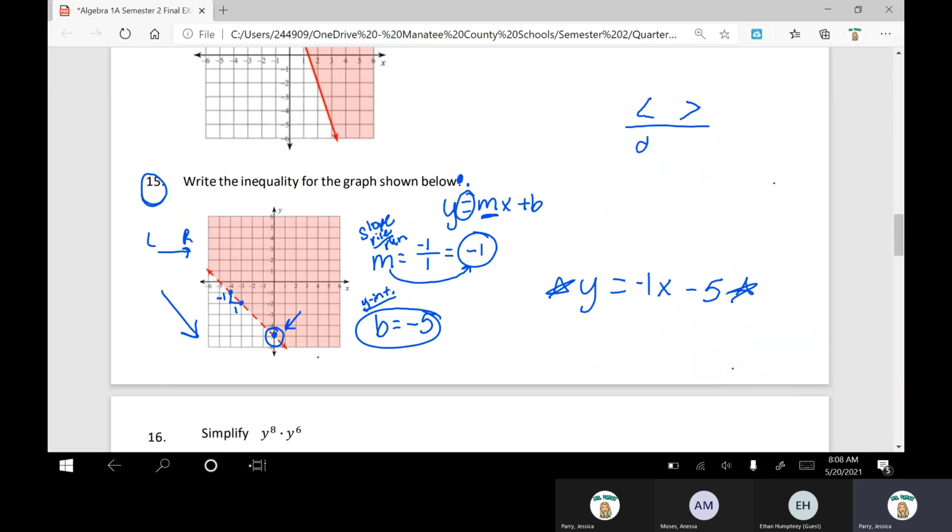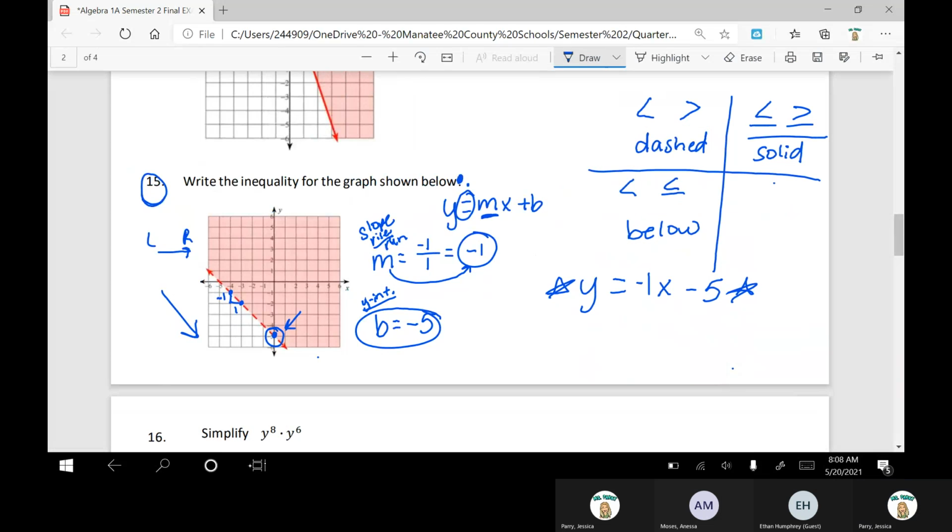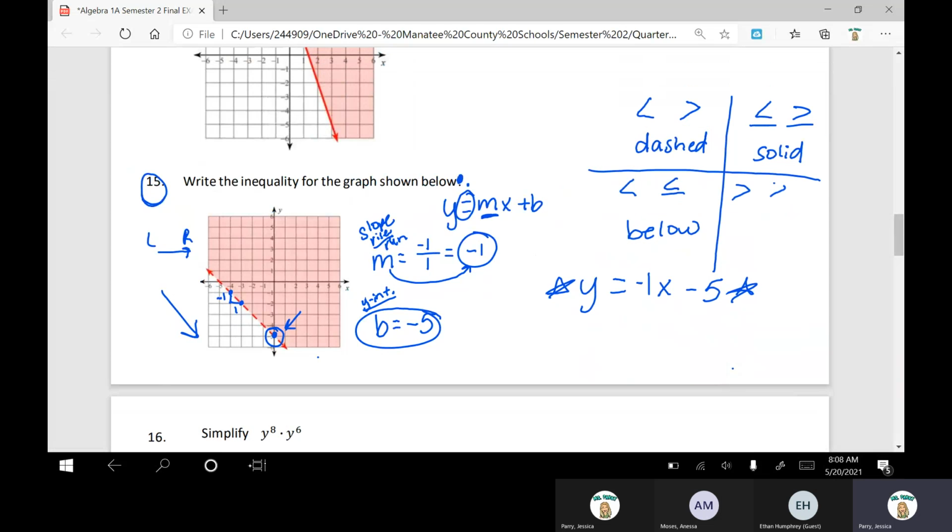These signs are dashed. And the less than or equal to, greater than or equal to, these are solid lines. And then the less than or equal to, you shade below. And the greater than or equal to, you shade above.